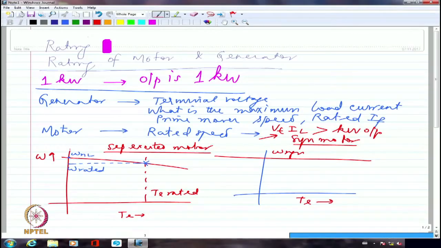Power output and power developed are not the same, because power developed in a DC motor will be EB multiplied by IA. Right? What you are giving is VT multiplied by IA as far as the armature is concerned. VT multiplied by IA, you are subtracting IA square RA, which is the armature resistance drop. Right? So that dissipation is gone.